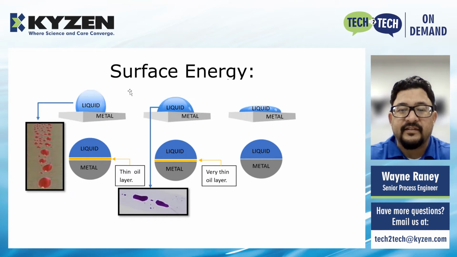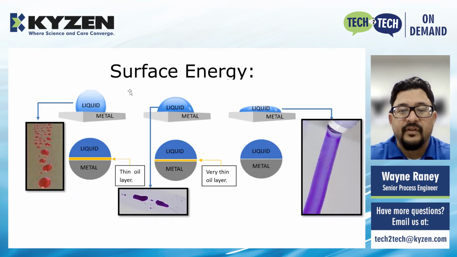A moment after this test, the line is not complete. Small droplets begin to be generated, which indicates that the surface energy of our piece is not less than that of the ink. And then finally on the right, there is no layer of oil on the surface of our piece, and we can see that the line is uniform and unbroken. This means that the surface energy of the piece is greater than or equal to that of the ink.